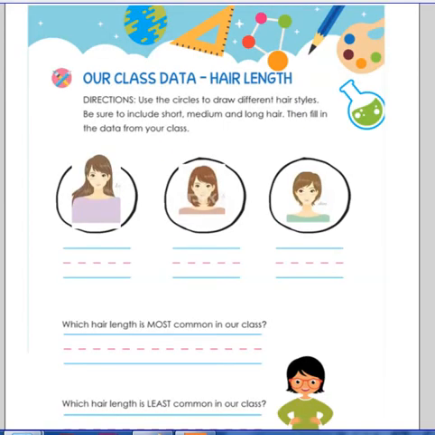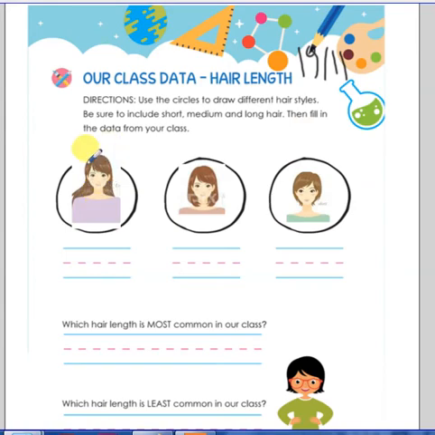Now we collect the data of hair length. Hair length, write the date first. 19-11. Okay, we use the circle to draw different hairstyles. Like what?